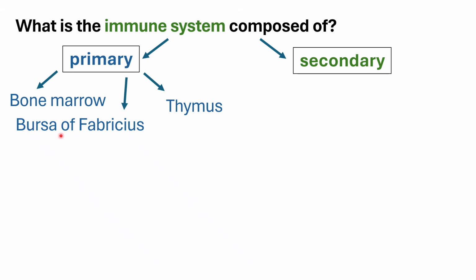So after all the cells have been produced and developed and primed and taught how to differentiate, again, self from non-self, they will be transferred into our secondary lymphatic organs such as your lymph node and your spleen. So lymph node basically filters the lymphatic fluid. Okay? So no blood.